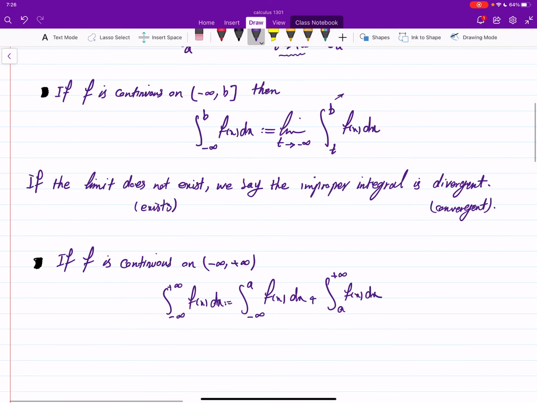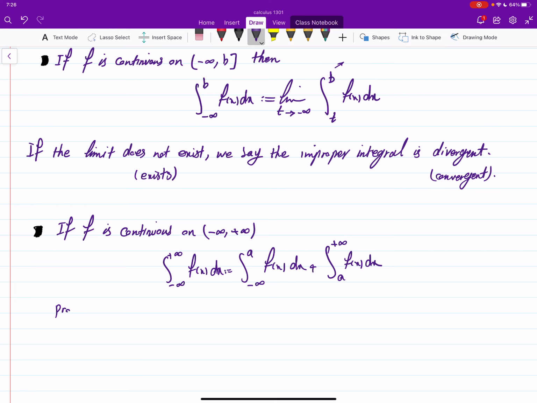If both of them exist, so provided that both the integral from negative infinity to a of f of x dx and the integral from a to plus infinity of f of x dx exist or converge, then the values you take, you add them, and that gives the value of the integral from negative infinity to plus infinity.